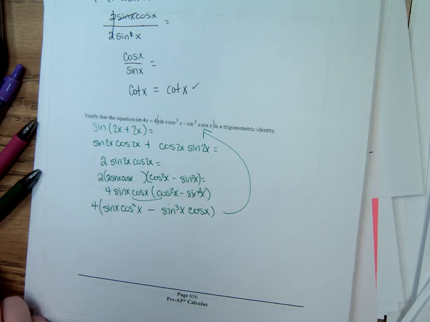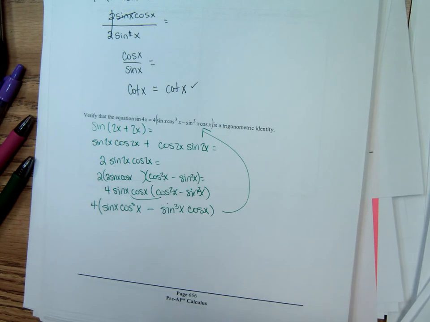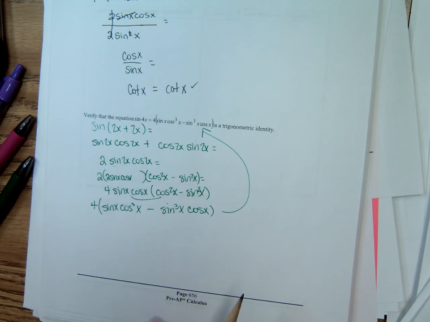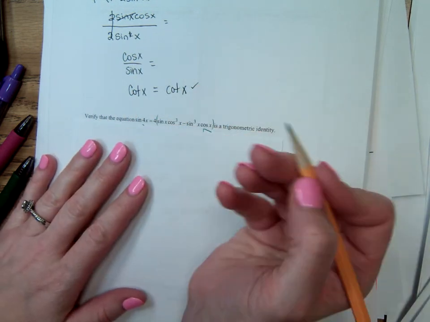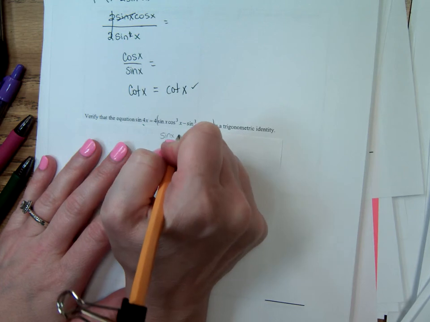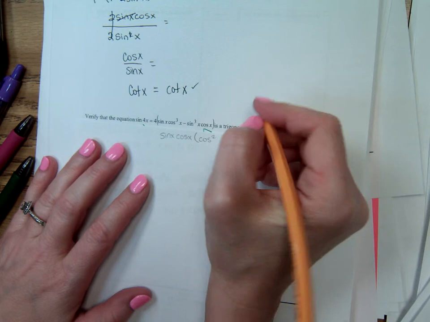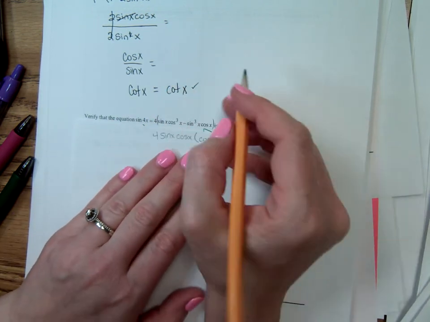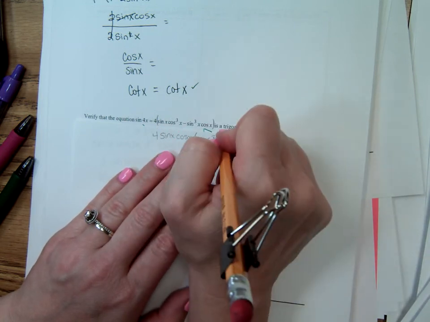If you wanted to try to factor this side, let's just factor that side and see what happens. Oh, that already has stuff on it. You just factor sine and cosine out, and you would be left with cosine squared x, oh, there's a 4 out there, sorry, minus sine squared x.